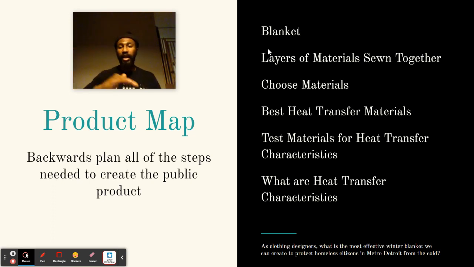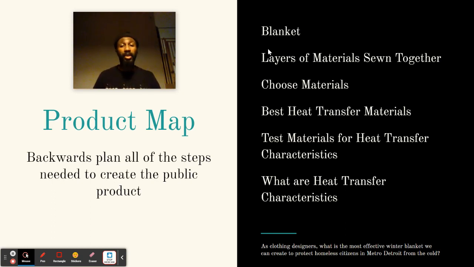So again, we backwards planned to figure out how we get to the most effective winter blanket. We can actually move forward through the process just to double check ourselves. Students are going to have to know what heat transfer characteristics are. They're going to test materials to figure out which materials have the best performance as it relates to those characteristics.